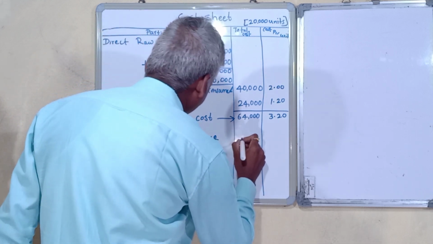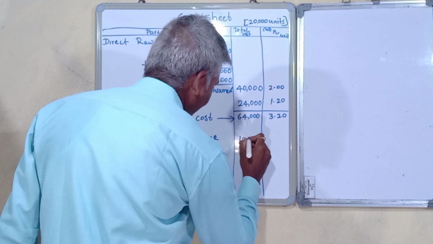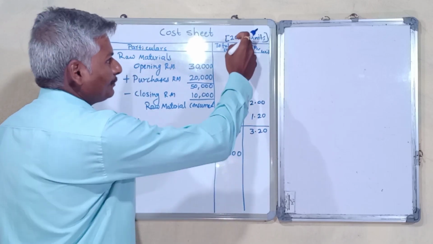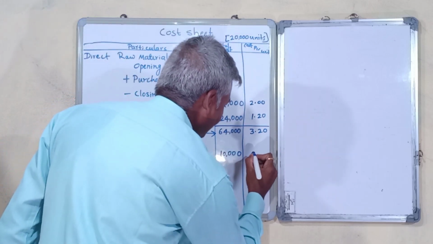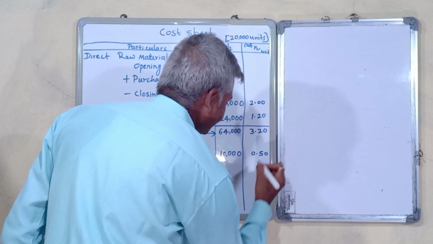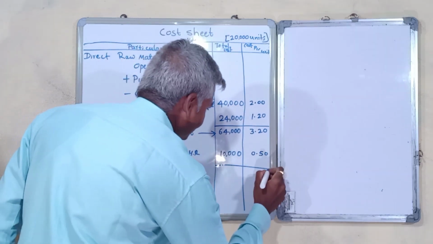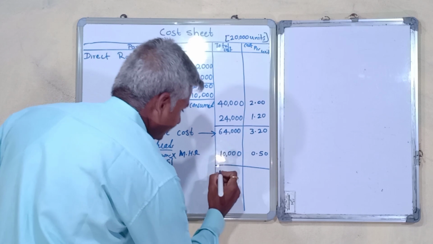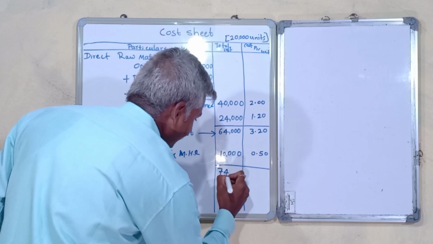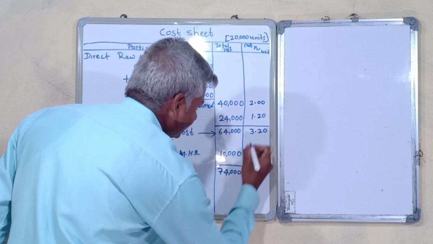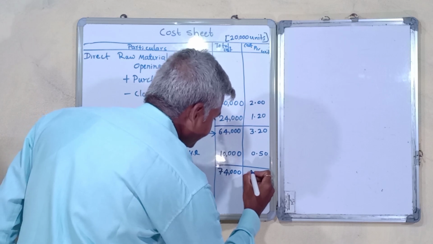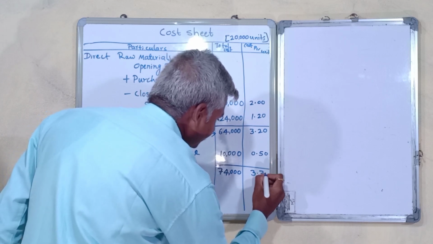So the factory overhead would be 10,000. 10,000 divided by 20,000 is 0.50. If we add these, 64 plus 10 is 74,000, and cost per unit is 3.70.